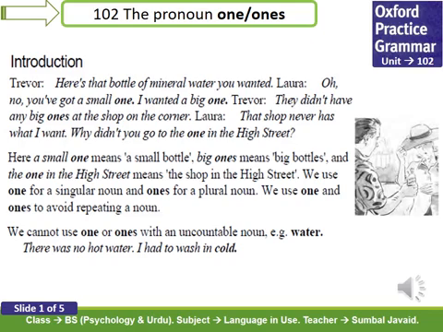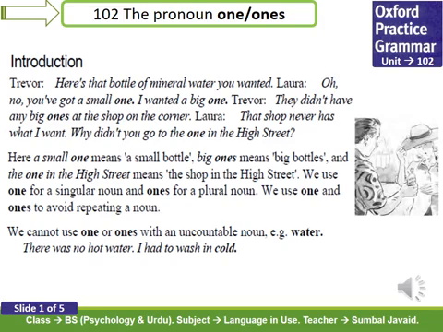So next time he didn't mention the shop. He said, why didn't you go to the one in the high street? Here, she could even use the word shop, why didn't you go to the next shop in the high street or the other shop? But she has used the word one. So here, one is the alternative word for the shop.